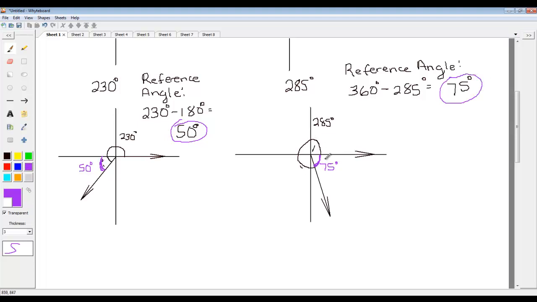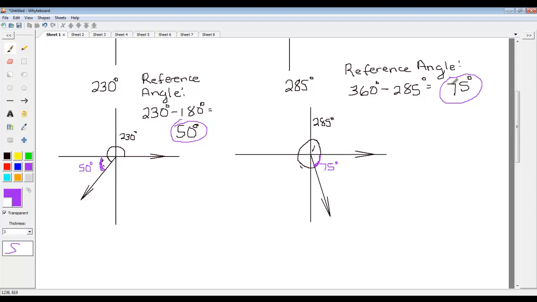The 285 plus this 75 makes 360. So if you were looking at sine, cosine, tangent using 75 degrees, just make sure you watch your signs, and that'll give you the answers for sine, cosine, tangent of 285. So that's the deal with reference angles. Okay?